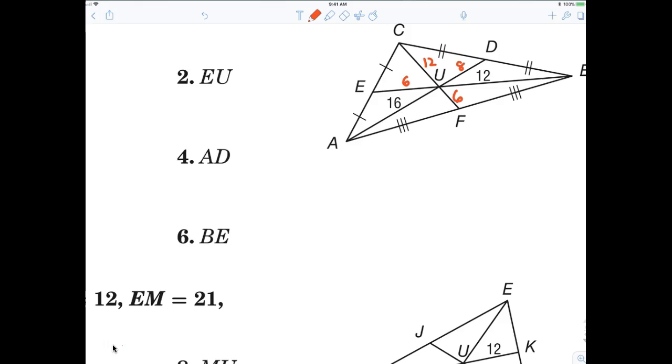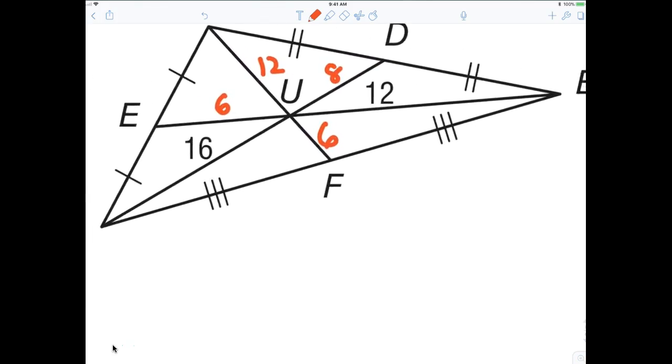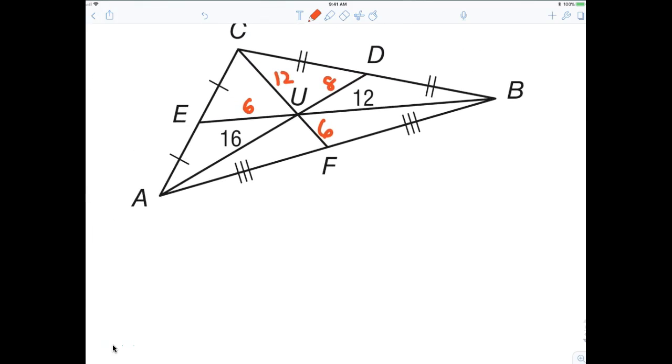Yes, you could do it that way, but the rule is, here is the centroid, and here is the vertex. The distance from the centroid to the vertex is twice as big as from the centroid to the side of the triangle.